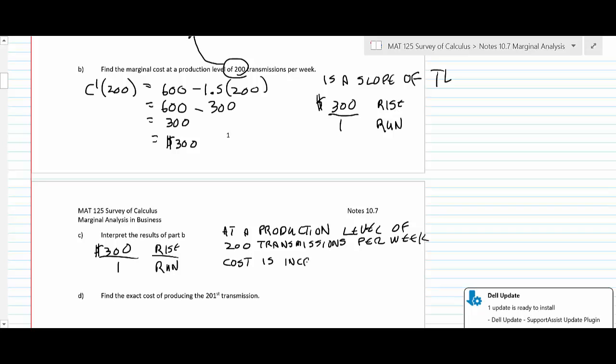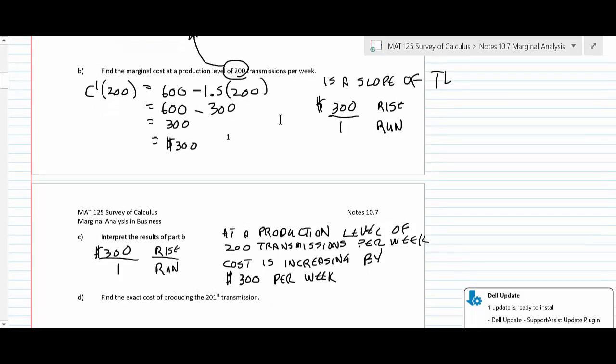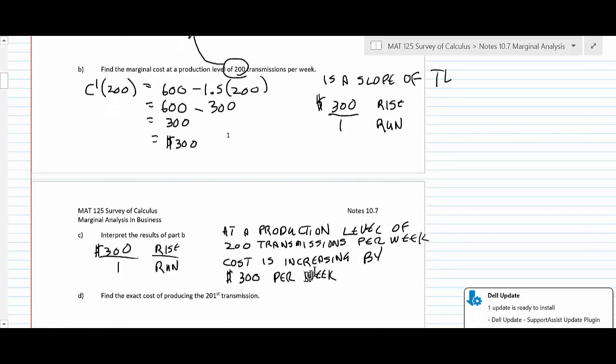The reason I like you to say increasing is because it's positive. If that 300 was negative, that would mean you're at a point where the costs are declining. So we would say that it's increasing by $300 per week, like that. And then X is just how many things you're producing.